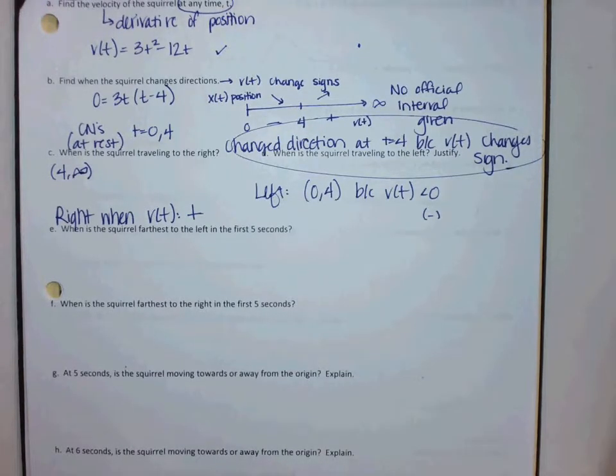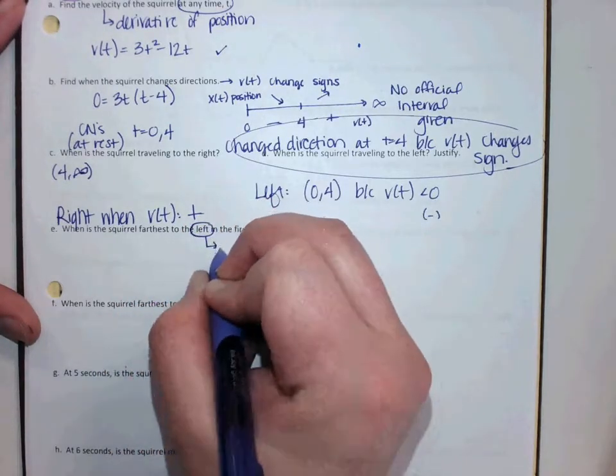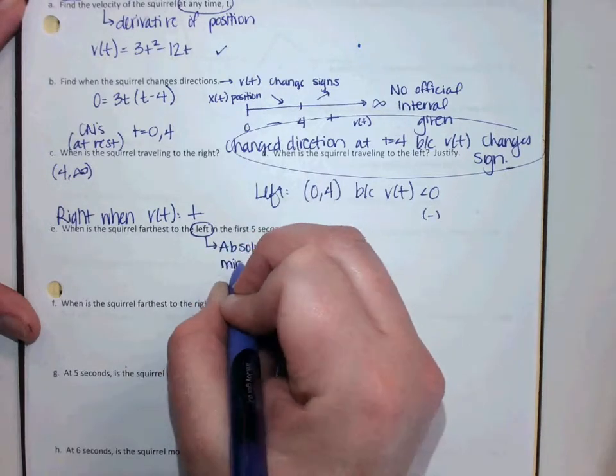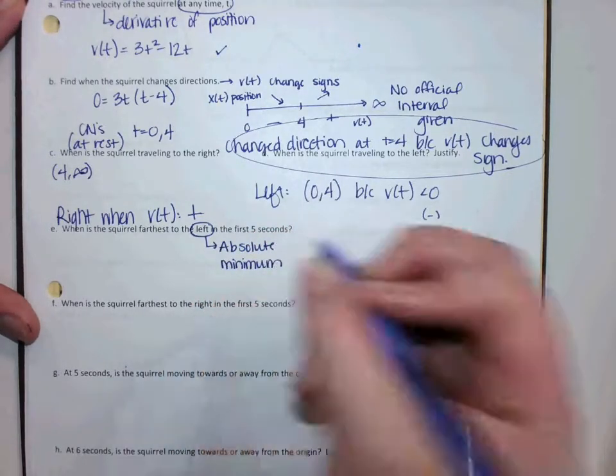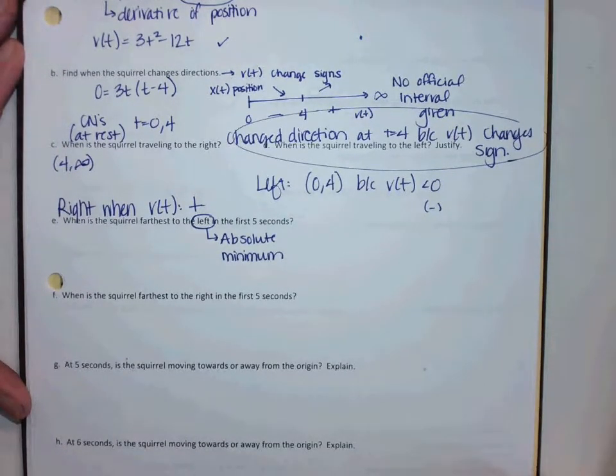Alright, now, we briefly talked about this on Friday, but in case you forgot. Okay, it says, when is the squirrel farthest to the left in the first 5 seconds? Farthest to the left, would that be a maximum or a minimum position? Farthest to the left. That is asking you for an absolute minimum. Now, remember that we said, if it's an absolute, they needed to give you endpoints.